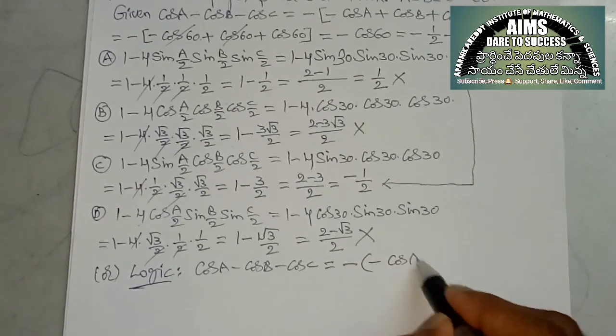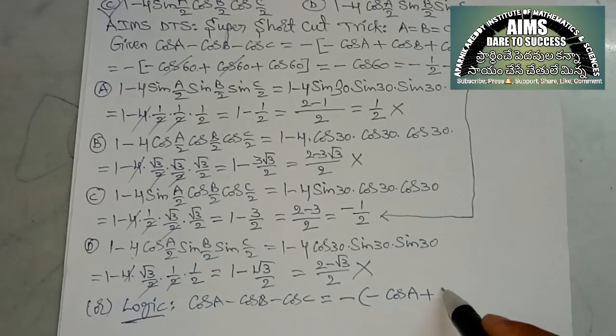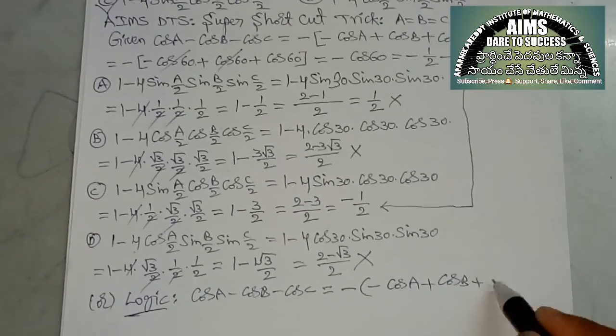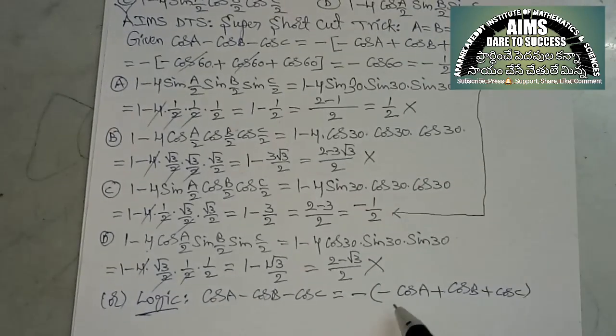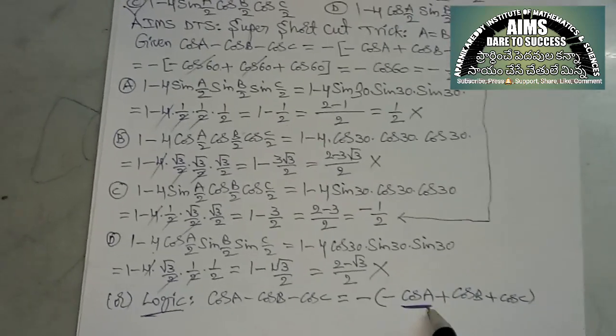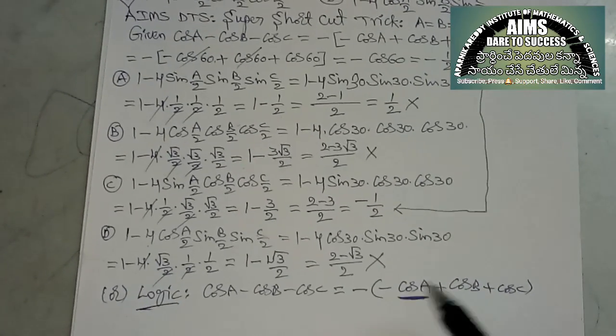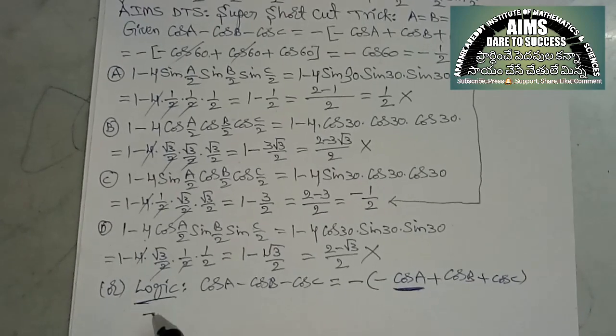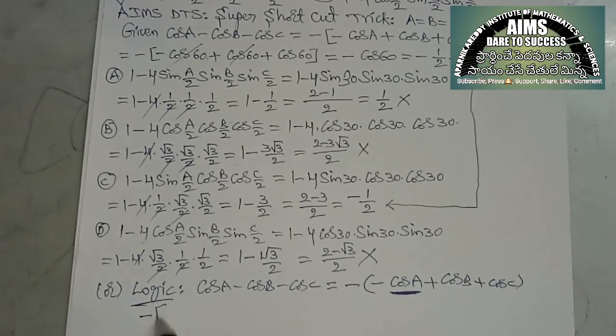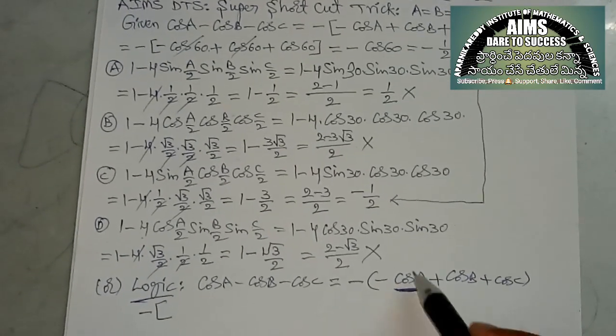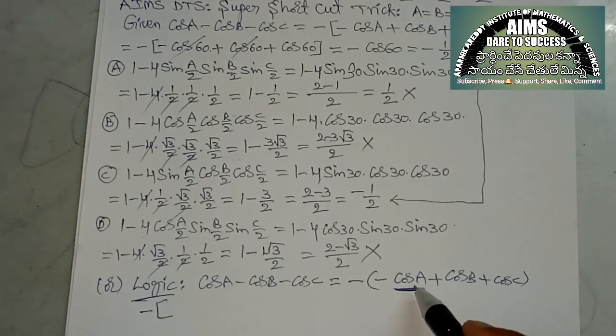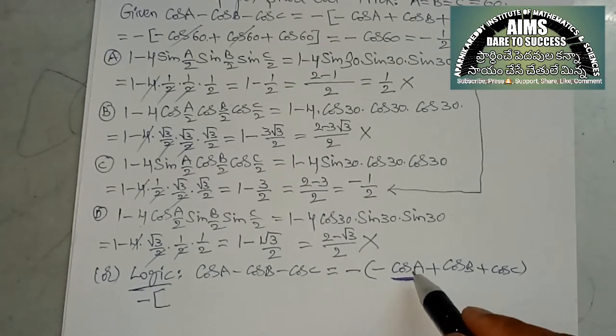After that, minus cos A plus cos B plus cos C. Now you can check cos A has a negative symbol, so write outside minus as it is. After that, minus value is A only.